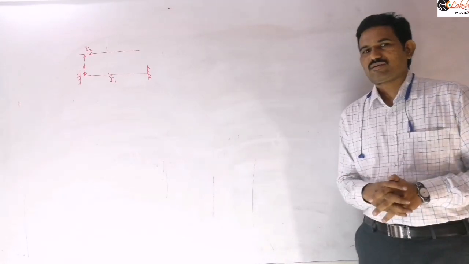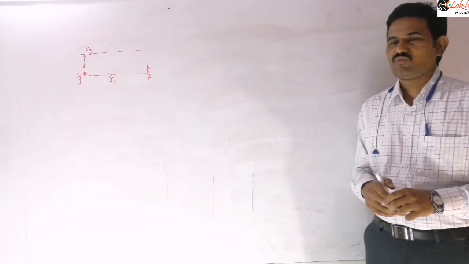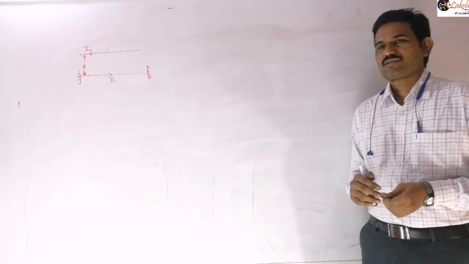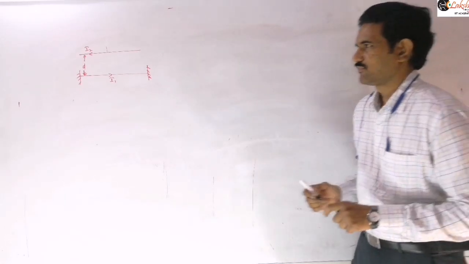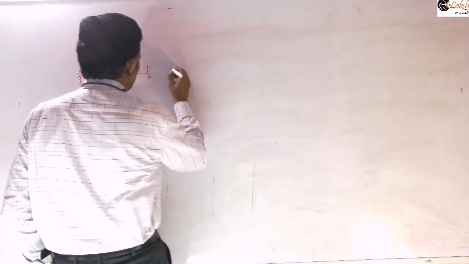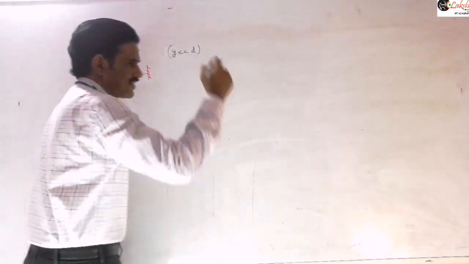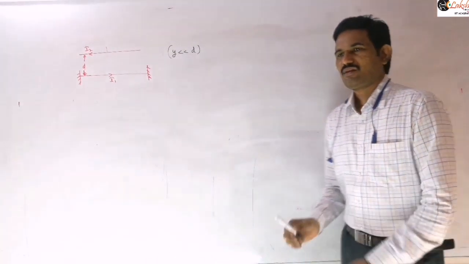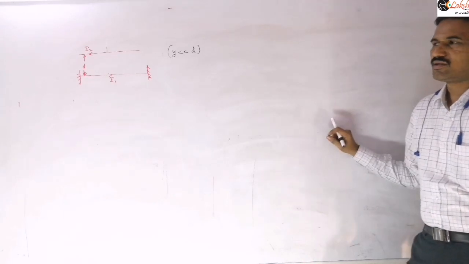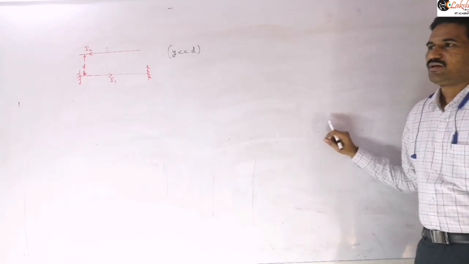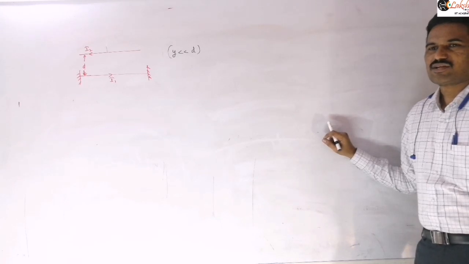If this wire is slightly displaced downwards by a distance y, where y is very much less than d, that means by a very small distance, and then released, then find the time period of oscillation of this wire.